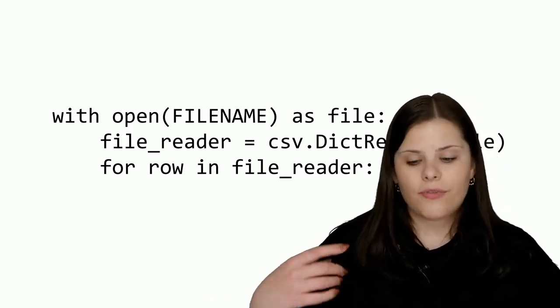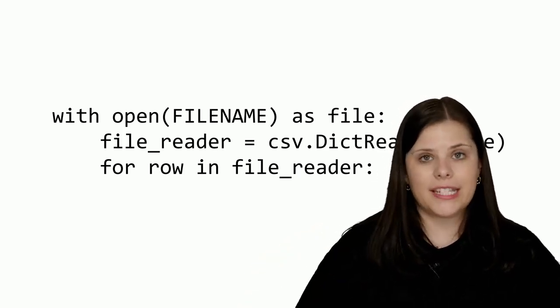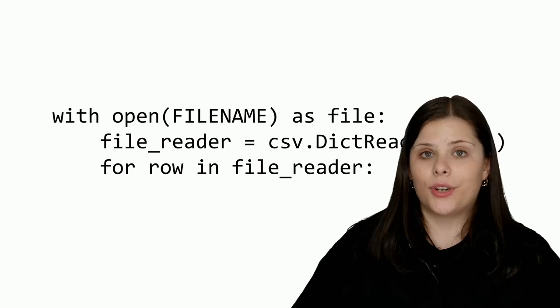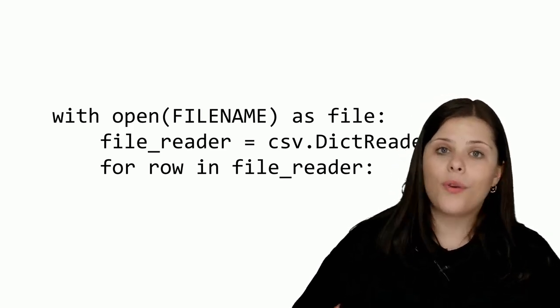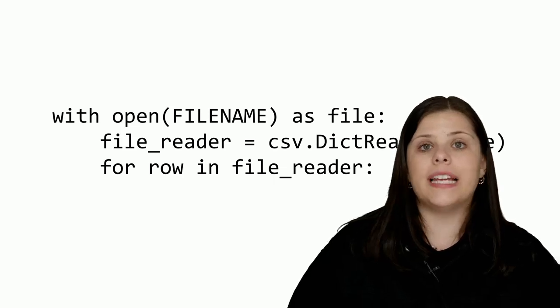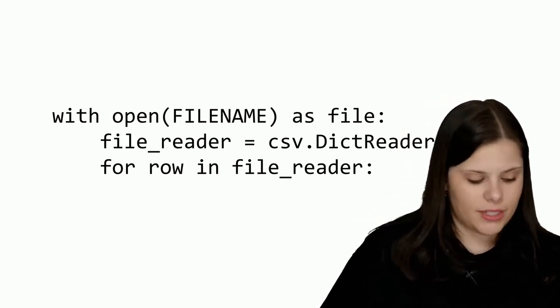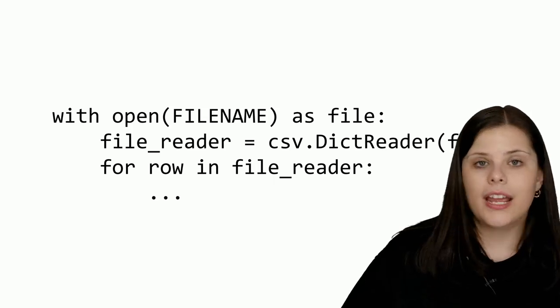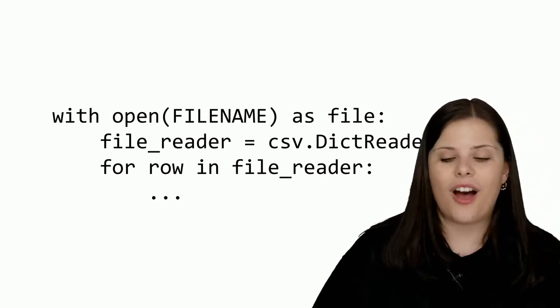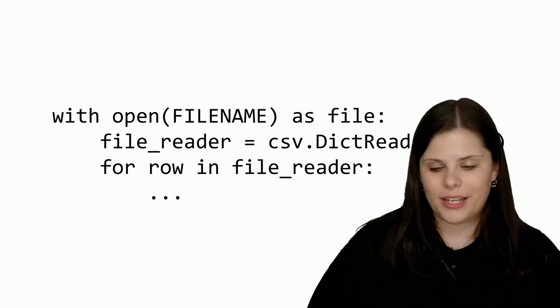Every time my for loop iterates, at every line, if I wanted to print out row, for example, or access it, I would see a dictionary for that specific song. And then after that, there are all the different manipulations and operations you might want to do with it.